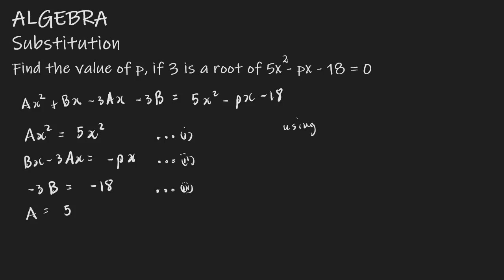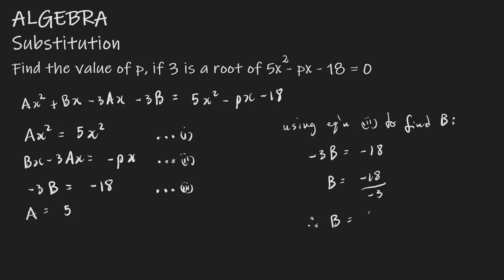Using equation 3 to find b, minus 3b is equal to minus 18. b is equal to minus 18 divided by minus 3. Therefore, b is equal to 6.